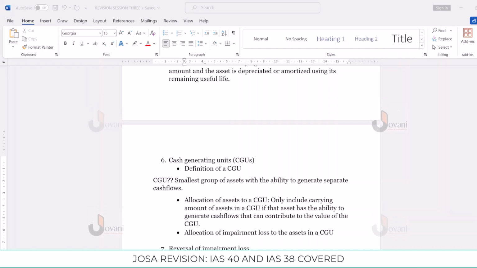I gave you an example of a restaurant and a bar. With a restaurant, you have a refrigerator, you have microwaves. Those are the smallest group of assets, which when combined can give you a meal that you sell, so they can generate separate cash flows.